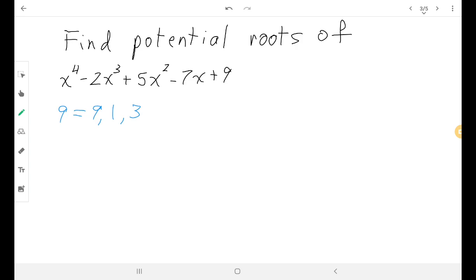Usually when I do these, let me back up for a second. Usually when I get the factors, I go, okay, 1 times 9 is 9. Is 2 times anything 9? No, so I'll skip 2. Is 3 times anything 9? 3 times 3 is 9, so I only need 3 once. Is 4 times anything 9? No. Is 5 times anything 9?